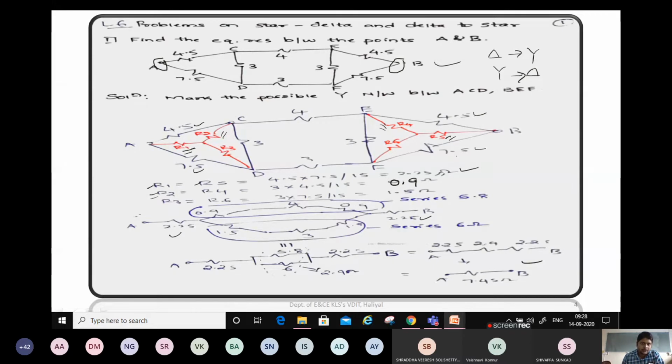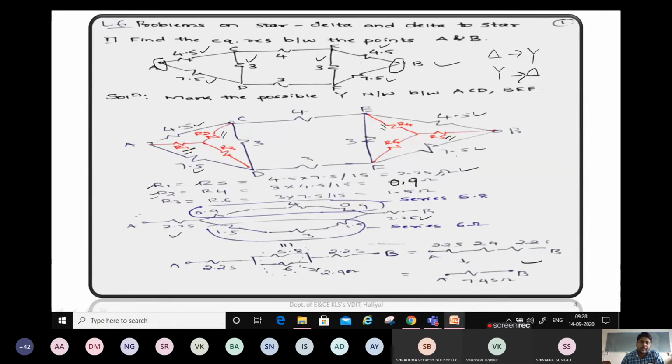Both are delta networks. So we superimpose an equivalent star network here and here as well. Another thing we observe is that these three resistor values are the same: 4.5, 7.5 and 3. And here also we have the same thing, 3, 4.5 and 7.5.